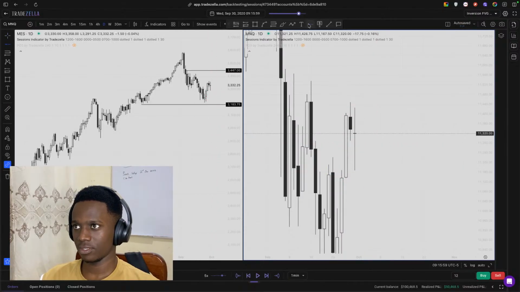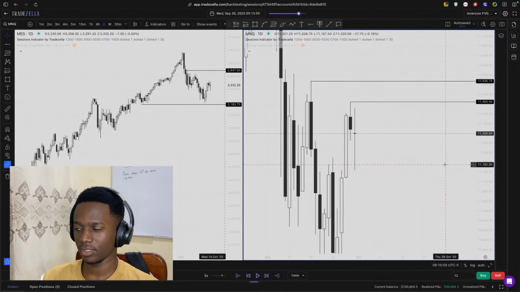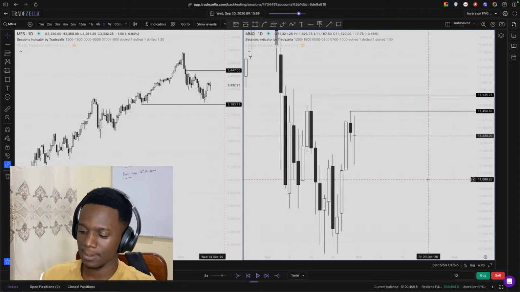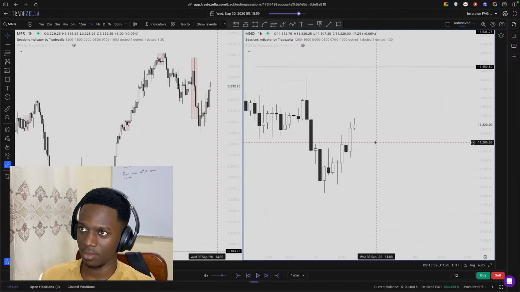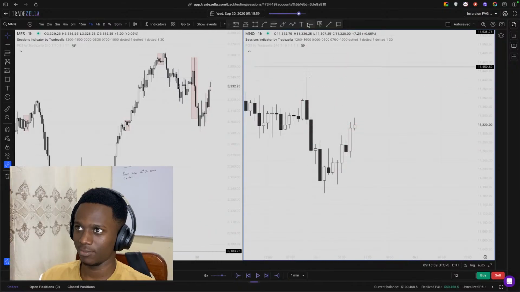Inversion here. Take profit of this high. Take profit of this high here as well. I mean, there's a couple of gaps that are holding, so I'd like to see it continue higher. We have Asia highs here.